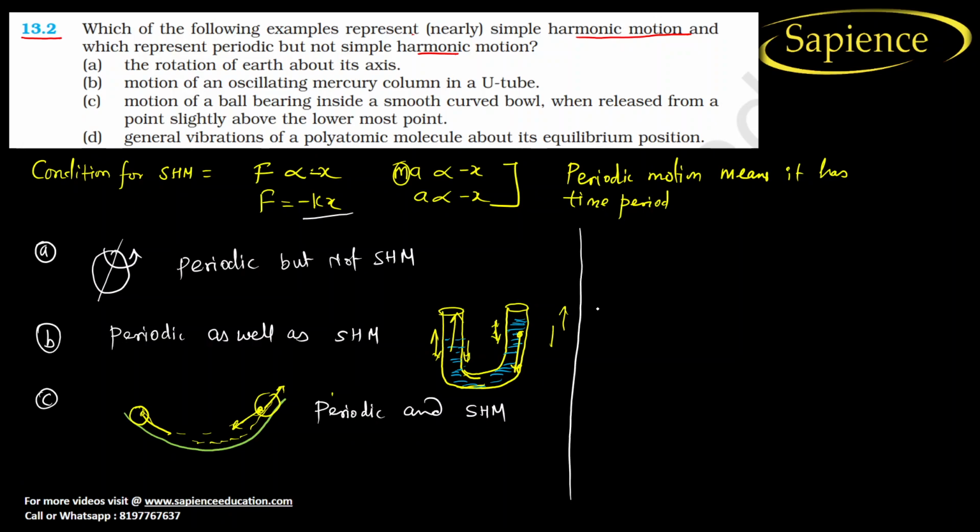Question number D: general vibration of a polyatomic molecule. See, if there are polyatomic molecules, what will happen? Each will move in its own pace, in its own frequency.